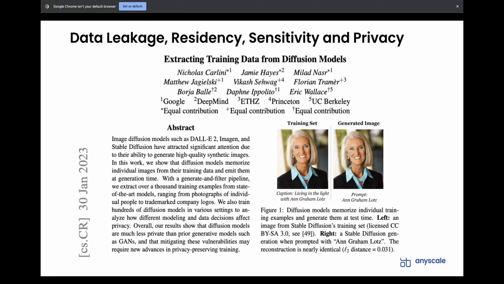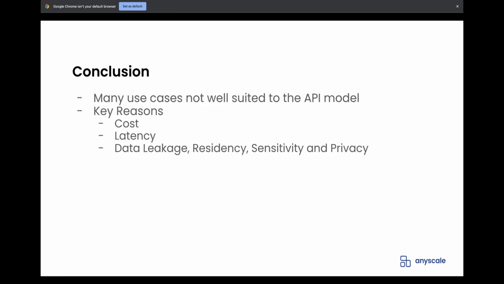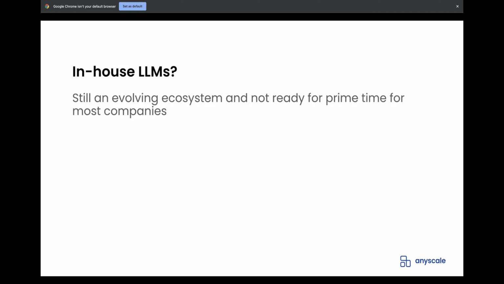So for these reasons, in conclusion, yes, many use cases you can do with the hosted API model, but many other use cases are not really well suited. The key reasons: cost, latency, and data security and privacy. Because of these concerns, there's another cohort of users doing what we call in-house large language models.